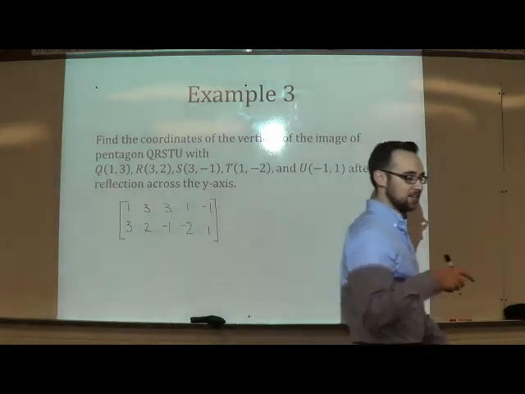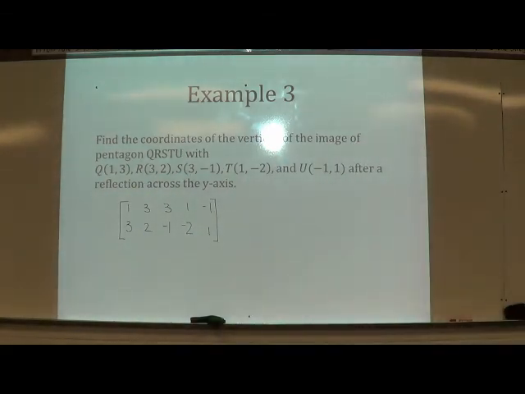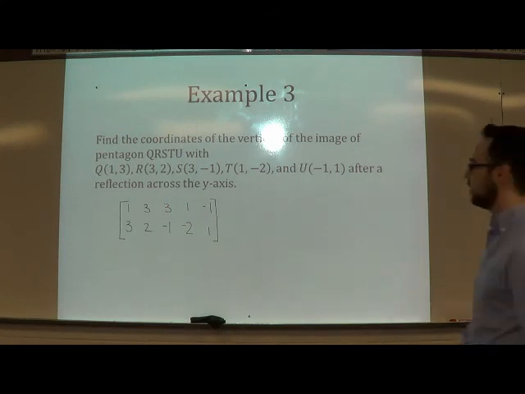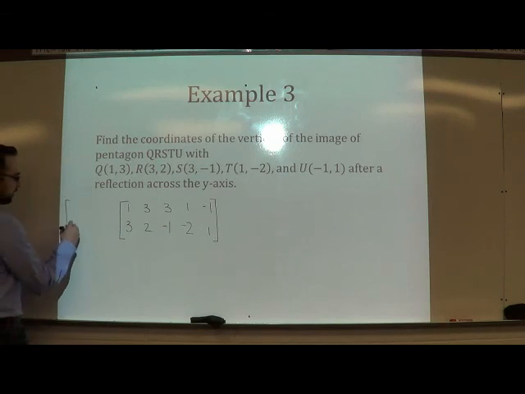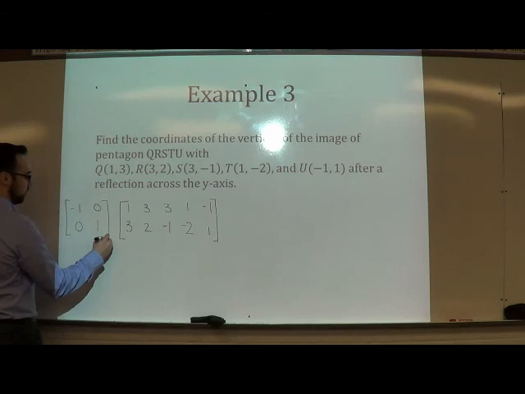Now remember, in the last slide on that chart, it says to multiply these on the left. So we're going to take the one that reflects us across the y-axis, which is -1, 0, 0, 1, and multiply it on the left-hand side, because the middle two things have to match. We have 2x2s for reflections, and those have to match the 2x5 here. So we have -1, 0, 0, 1 going on this side.